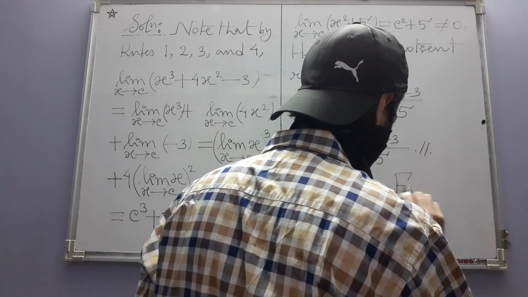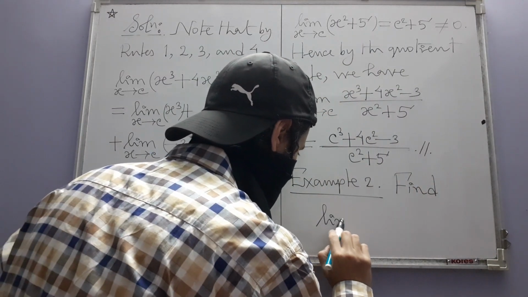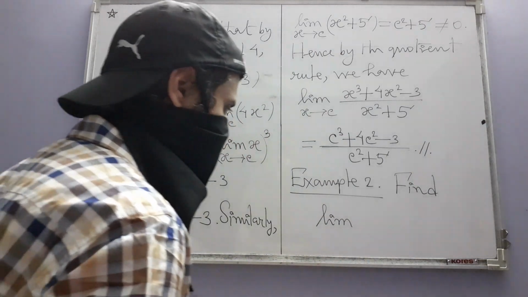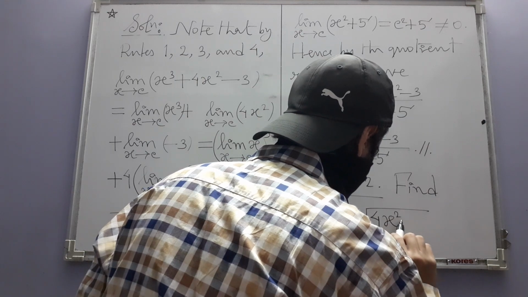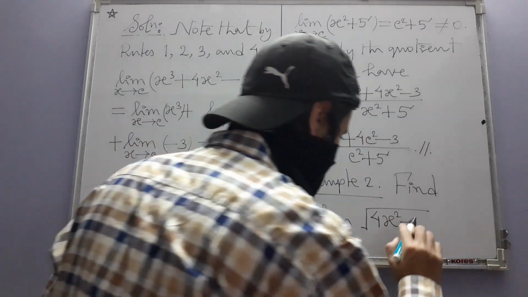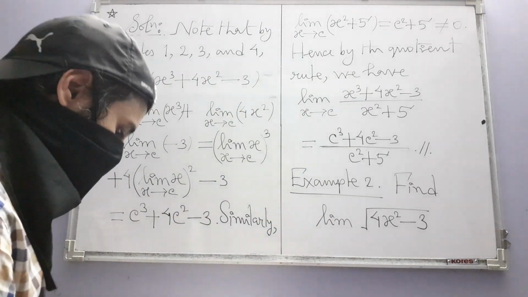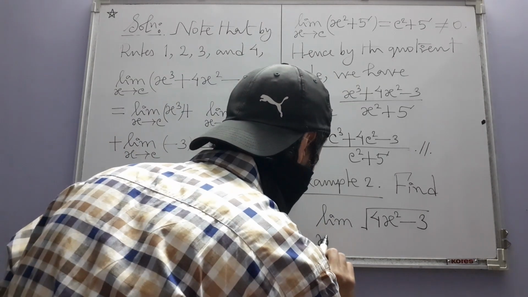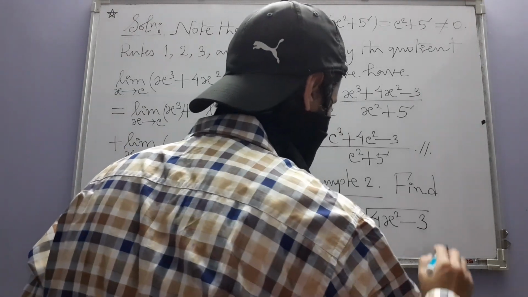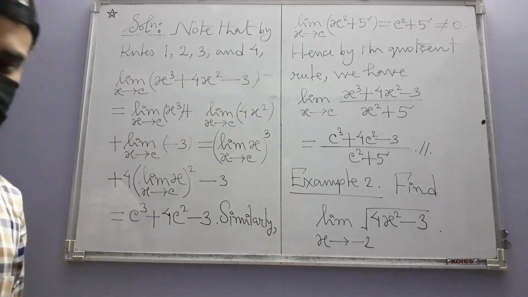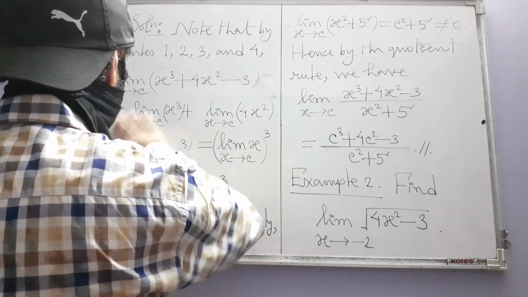Find the limit of, this one involves a radical, square root of 4x square minus 3, but we need not worry because this case is also covered among the parts in theorem 1, as x approaches minus 2. So you can understand which of the parts we have to use here.